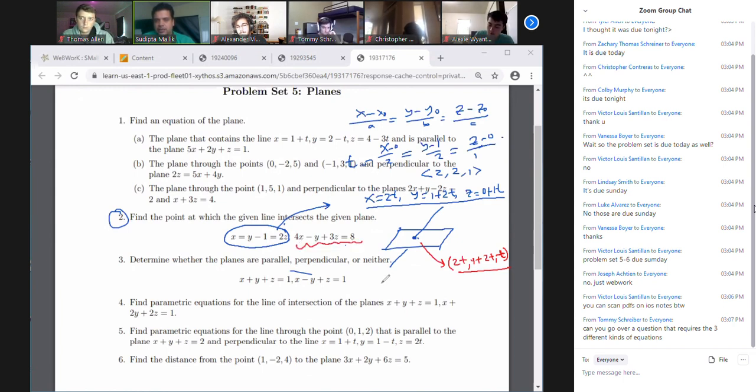That means 4 times 2t minus (1 plus 2t), and 3 times t must be 8. Then you can find the value of t. It's similar to problem 6.